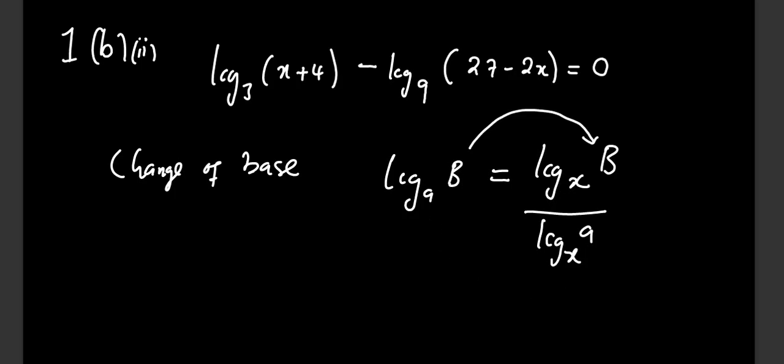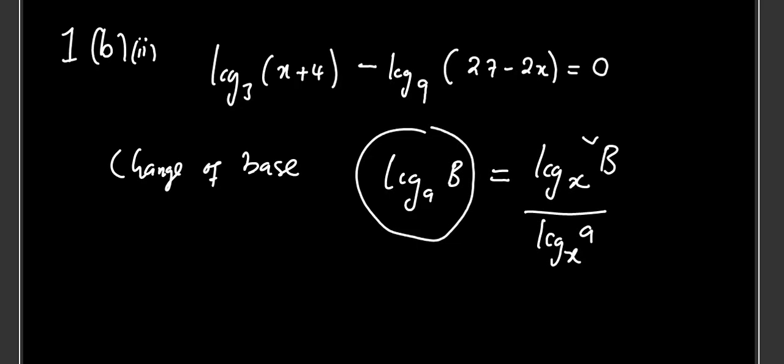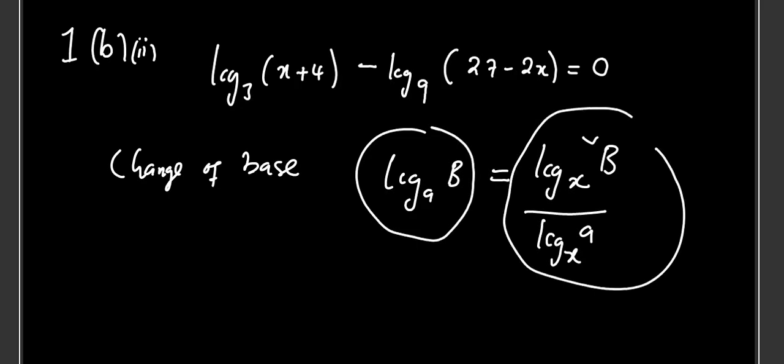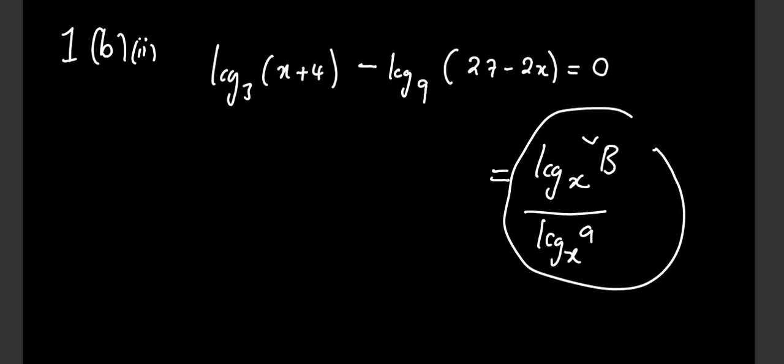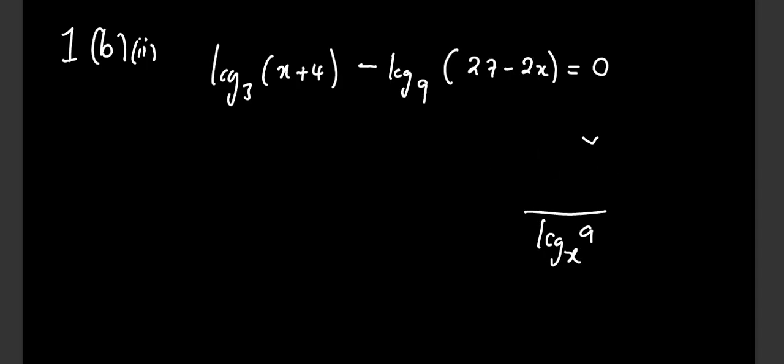So this is what you get if you are changing the base. We're saying this is simply this whole thing here, just that it's now in base x. So we have 3 and 9, so we're going to change the base to be the smaller base. So we change the bigger one to be in terms of the smaller base.